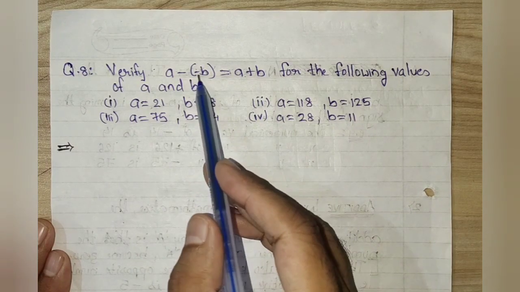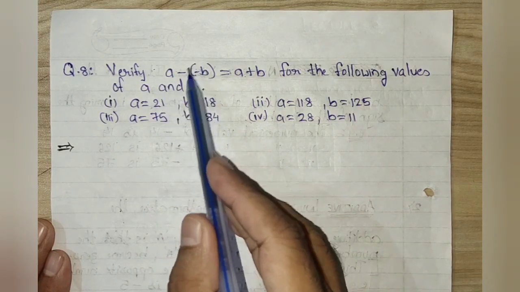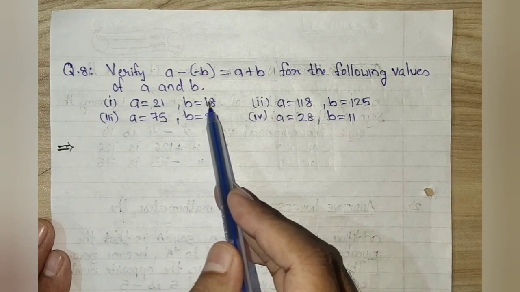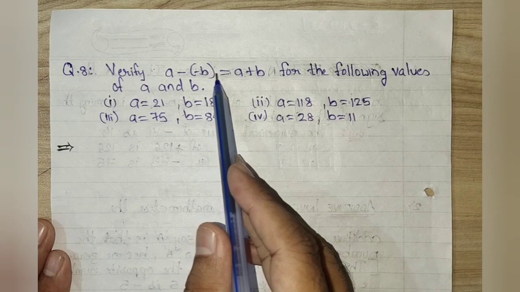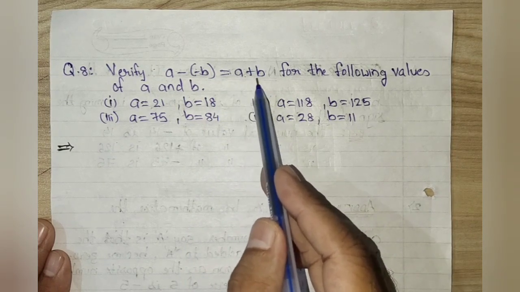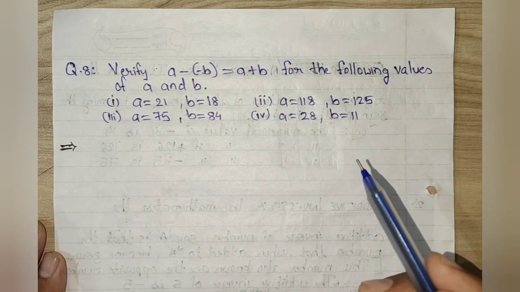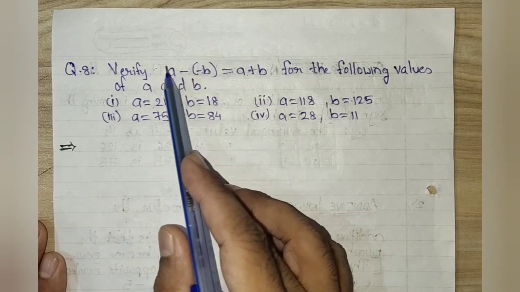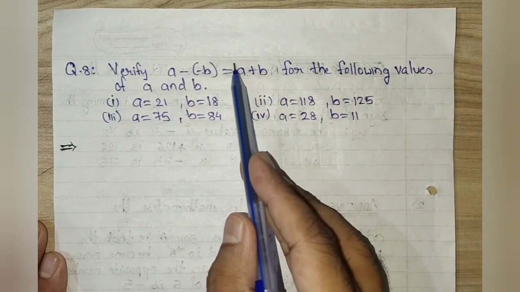We have to verify that when we put the value of a into this portion and the value of b into this, it is equal to the a plus b on this side. That means we have to verify that this side, that is LHS, is equal to RHS.